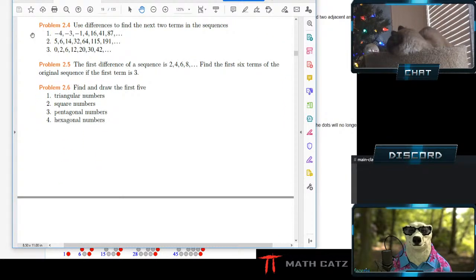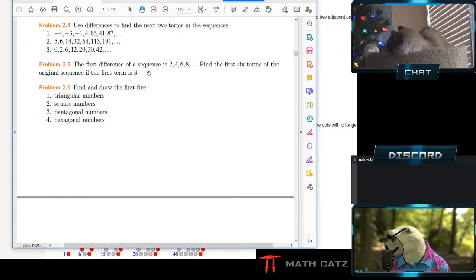Then problem 2.4, you can tell it's going to say use differences. And it's exactly like that exercise. What was it, 2.5? What did I do? Oh, right. Exactly like that. You just have to dig down and see how far do I need to go before I spot that arithmetic sequence, and then one level below that will all be the same.